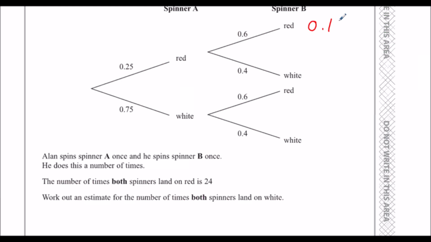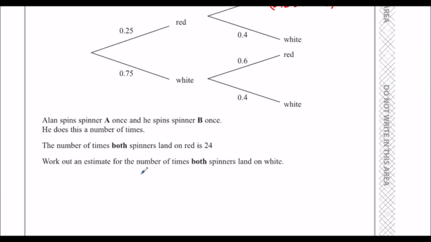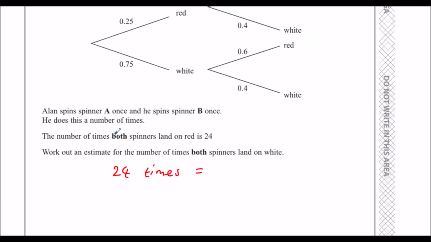So red, probability 0.15. So that's 24 times, so 24 times equals 0.15. I'll just write that down.